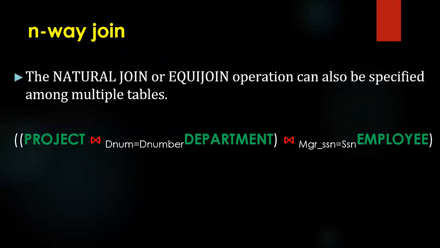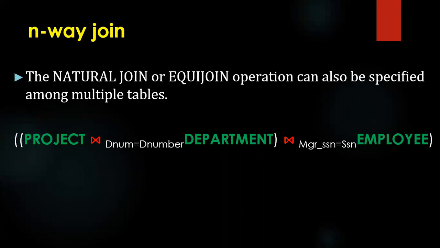So the next one is n-way join. So till now we have studied using joining operator to join only two tables together. If you want to join 3 tables, if the result is available in 3 tables, I want to join all those. So what we can do, join 2 tables, get the result, which can be joined with the next table. Again result of those can be joined with the next table.